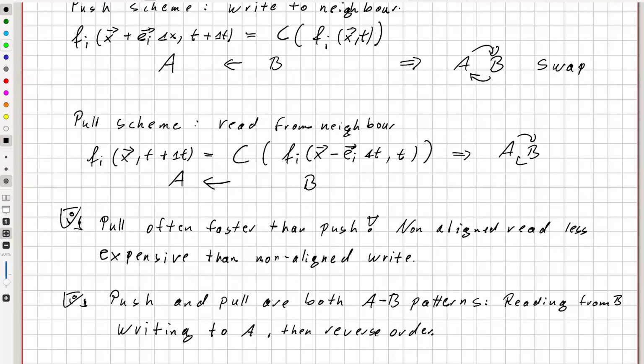This is not very surprising, because it is also what you would always do in a finite difference or finite element code. You have a state vector from the last time step and you go to a state vector of the new time step.